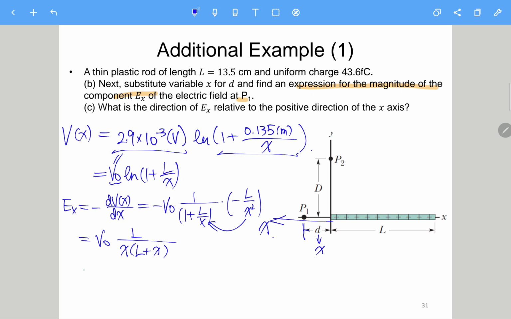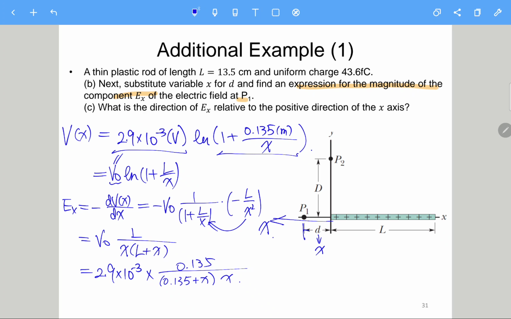So we can substitute the numbers here, so that we have V0 is 2.9 times 10 to the minus 3 times L is 0.135, and then 0.135 plus x times x.